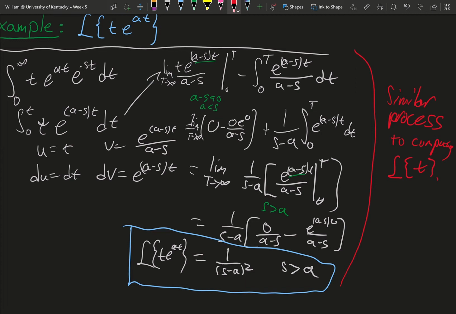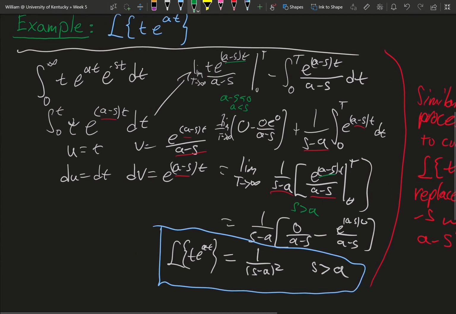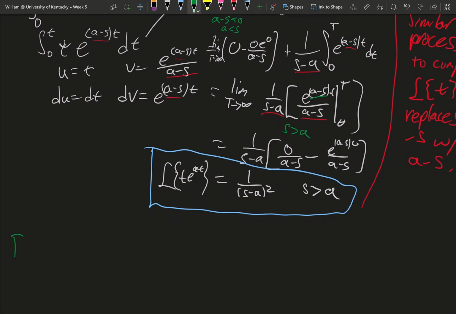Really, the only change once we get here is that in all these places I'm underlining in red, instead of s we have a minus s. And this is actually part of a larger pattern that is going to be really helpful in identifying some Laplace transforms and in computing them.